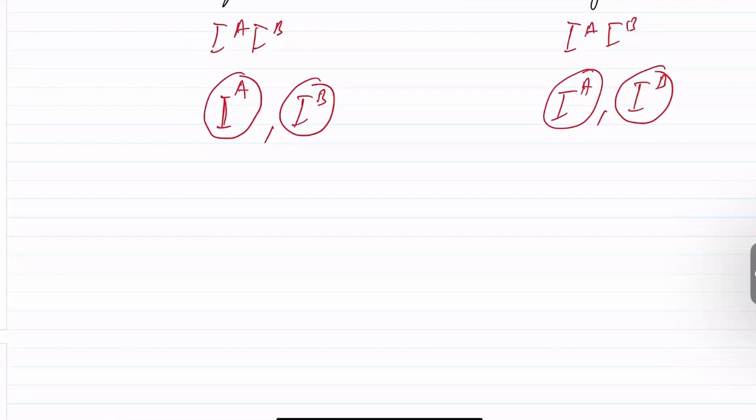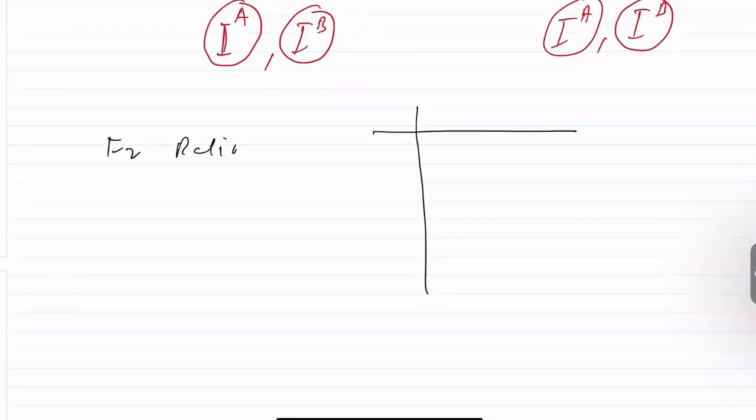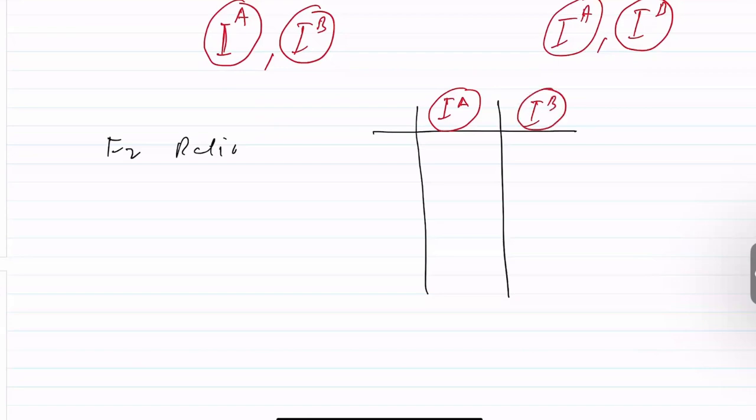Now to predict the offspring produced in the F2, we will make a checkerboard. So this is an IA here, this is an IB here, and we will have an IA here and an IB here.